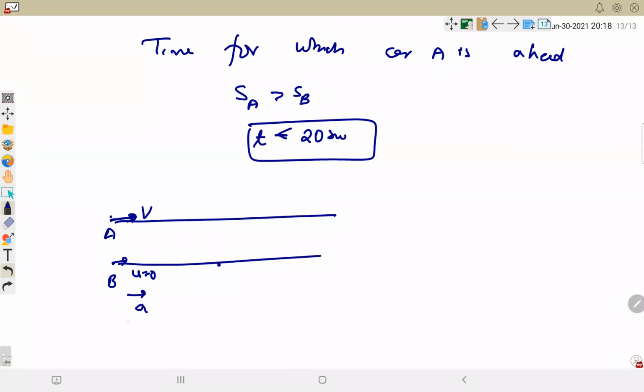B has already covered some distance for 10 seconds. So अगर आप इसकी distance को भी अलग calculate कर लोगे, the total distance covered is ut plus half at square, which will be half into a, which is 2, into t square. Correct?